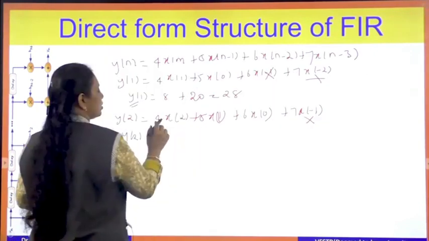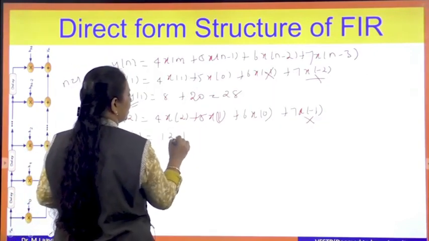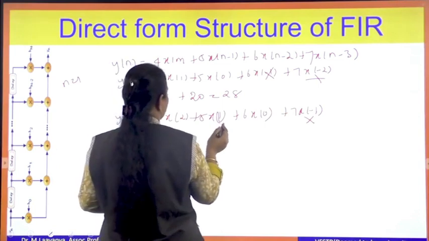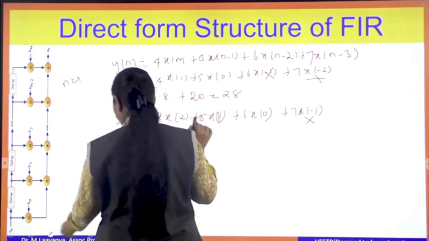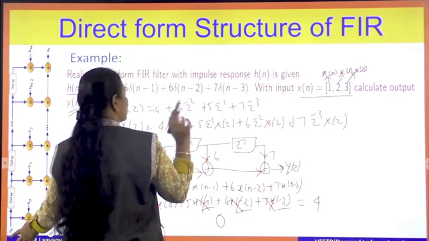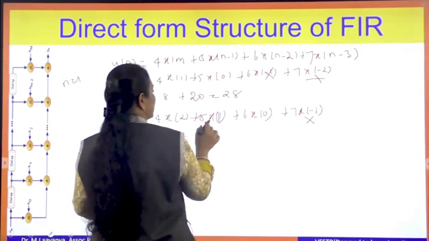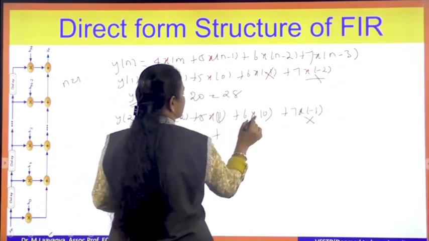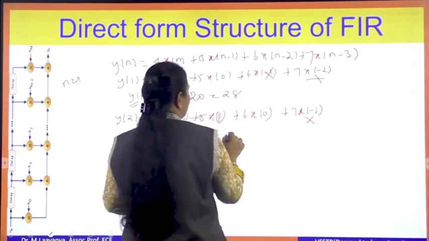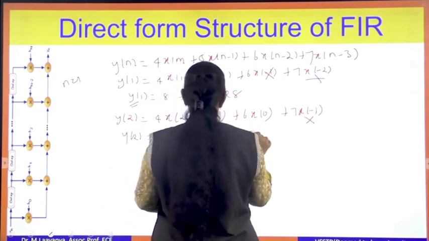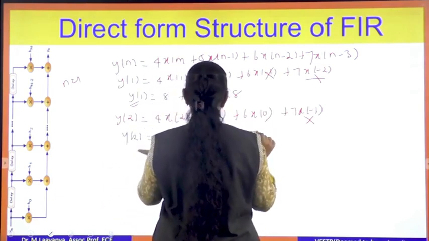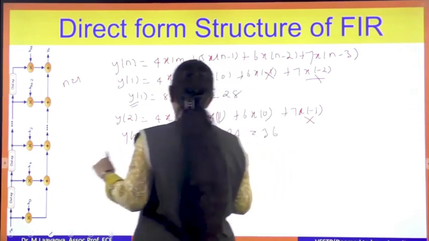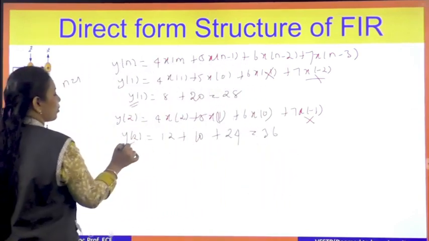It is 3. So I will get 4 threes are 12 plus 5 x of 1. x of 1 was 2, right? x of 1 was 2. So I will have 5 twos are 10 plus 6 x of 0, and this is 0. So the answer will be 12 plus 10 plus 6, which is 28. So this is my y of 2.